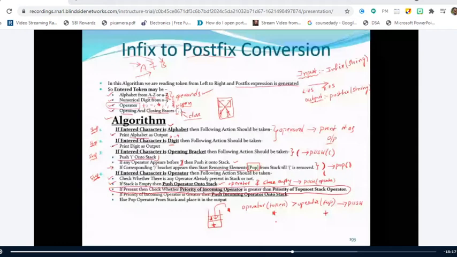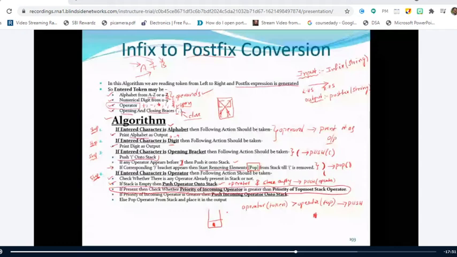Let us see the reverse case. Listen carefully. This is very important. The top element of the stack is star and the operator that I have read is plus. What is the comparison?